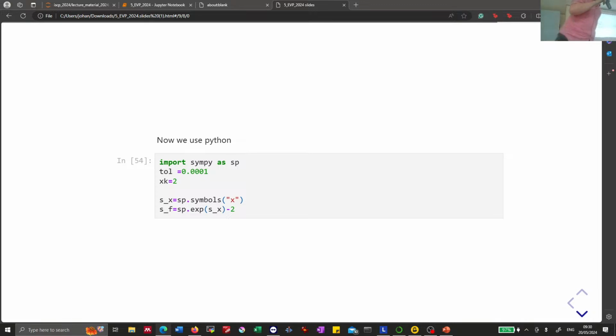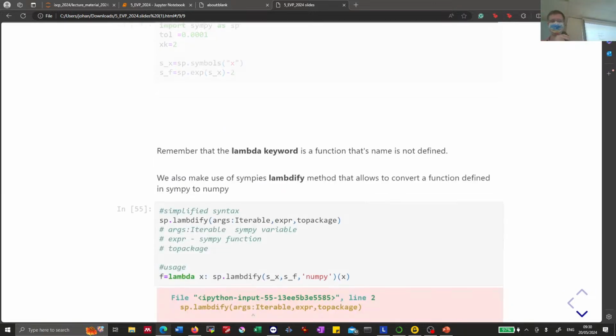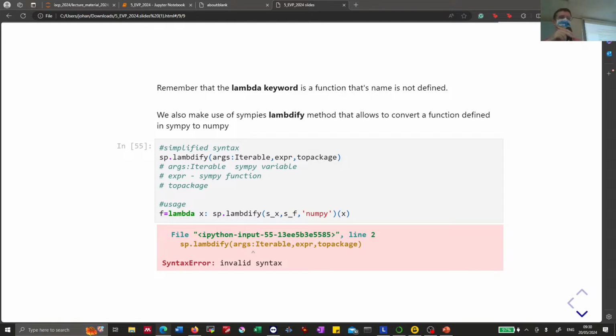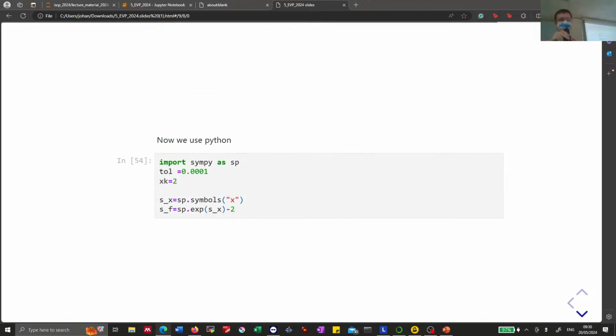So you didn't even open the course book. So this is from the course book as well. So here we have now our problem defined. We want to find the root of e to the x minus 2.